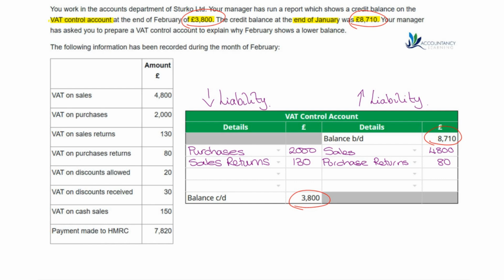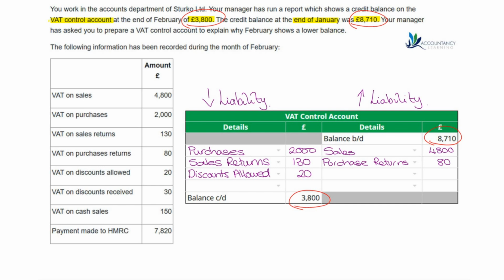Now, discounts allowed, so these are discounts that we are giving to customers, so therefore that means that the amount that is owed to HMRC is going to reduce because the ultimate sales invoice is going to be lower. So our discounts allowed will reduce our liability.